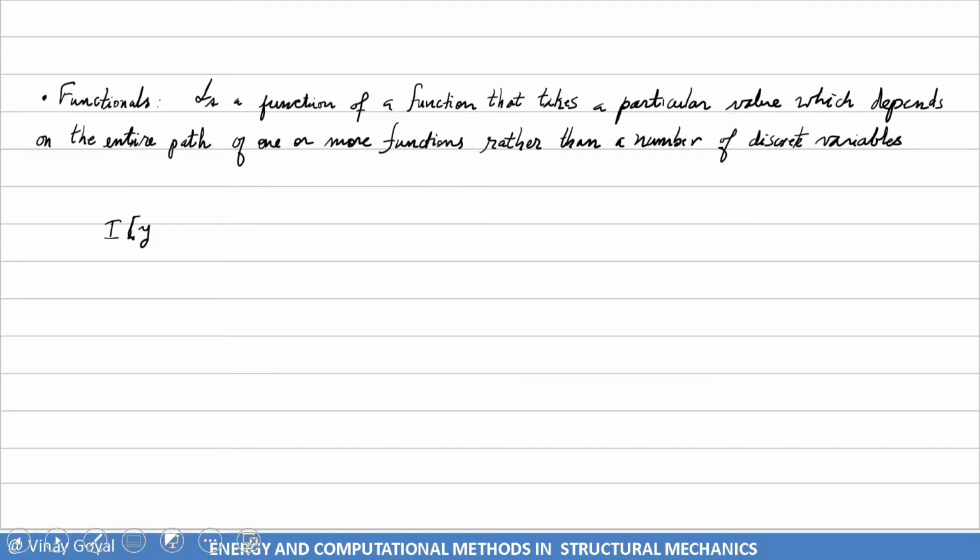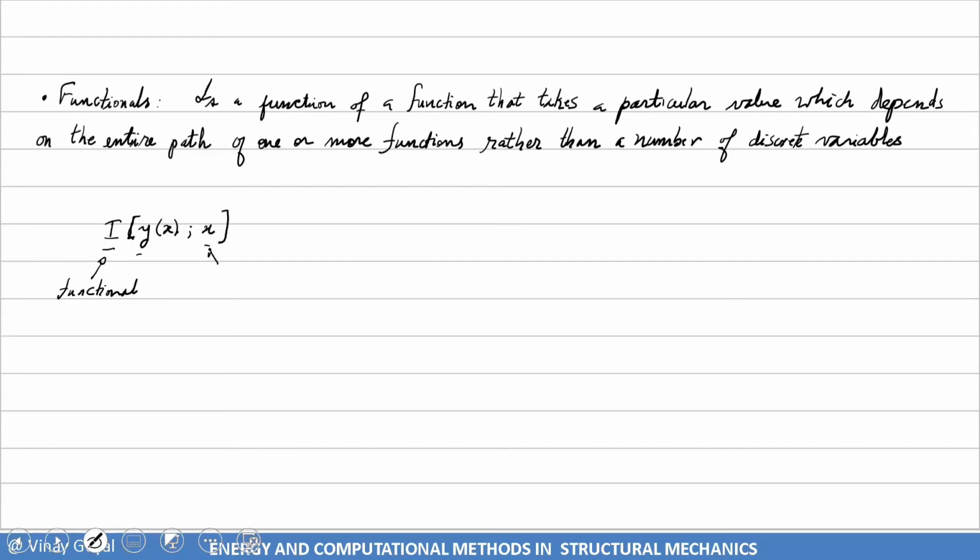So this bracket here is functional, and y depends on x, and it's written in this manner. So this helps you understand clearly what is a function of what. So here, clearly I is a function of y, and y here is a function of x. So that's how you write this. And I here is called a functional. This is the functional here. Okay, that's your functional.